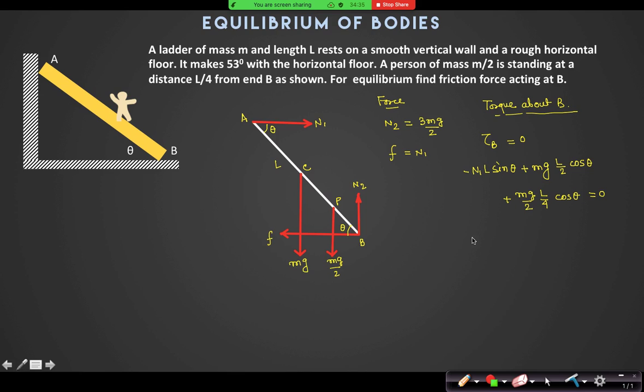So I can say that N1 is equal to mg by 2 plus mg by 8. Right? So 4 by 8 plus 1 by 8, 5 by 8. 5 by 8 mg into cos theta by sin theta. Yes or no?